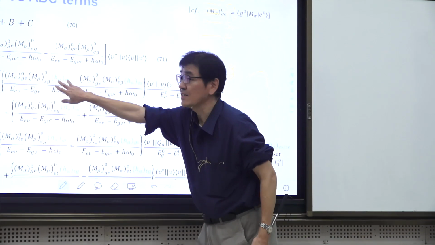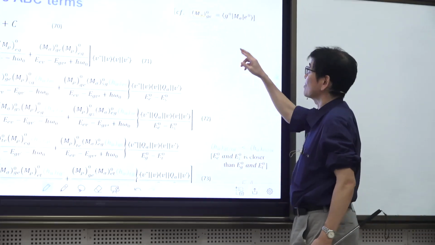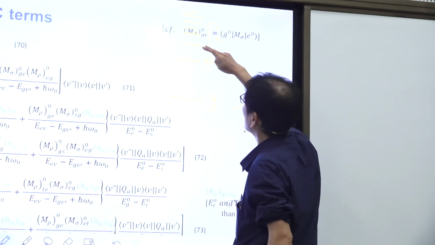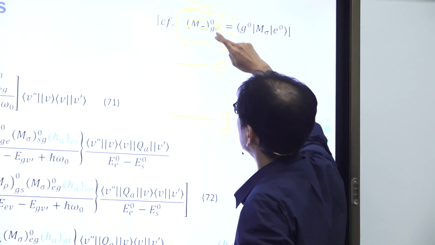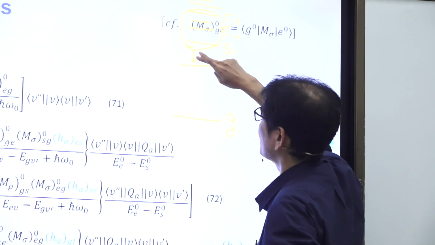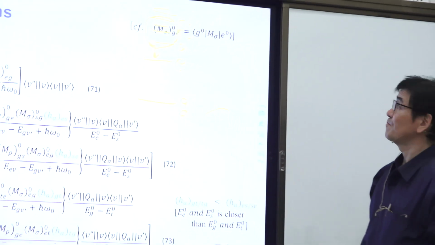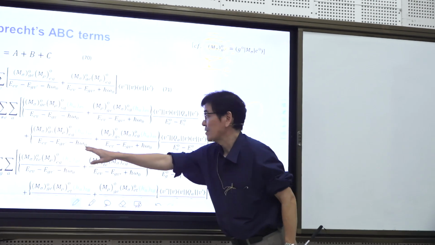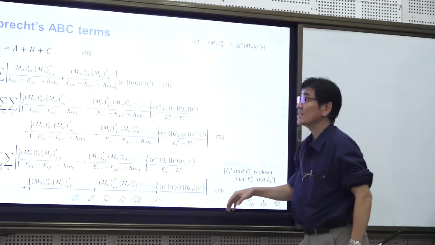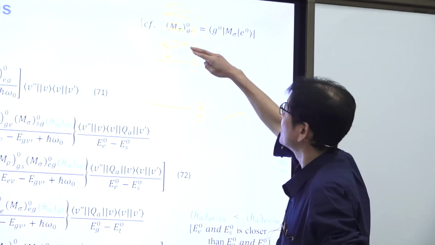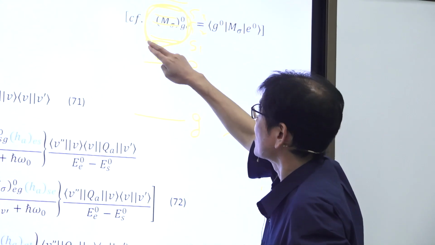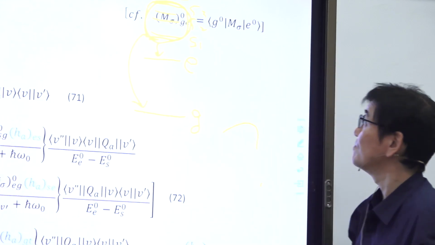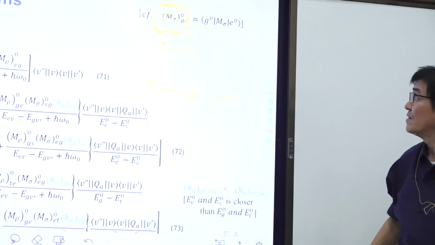HA-ES indicates the mixing coefficient of these wave functions into E. On the other hand, HA-GT indicates the mixing of these wave functions into G. Okay?